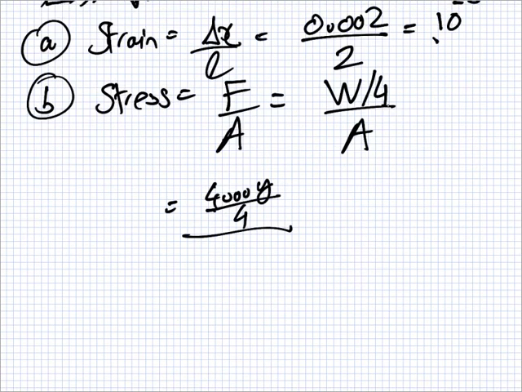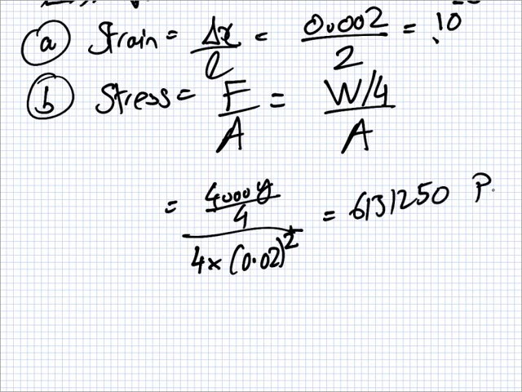Now the area, so there's 4 areas here. So that's 4 times 0.02 squared. Okay. 6131250 pascals.